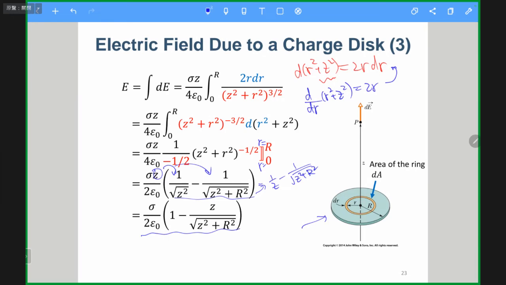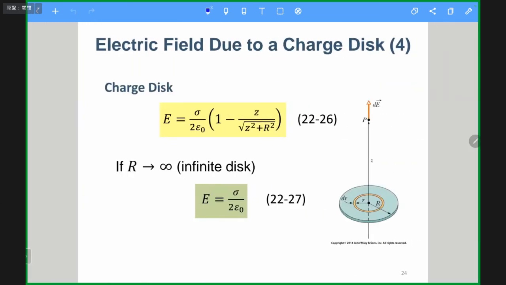Okay, so the remaining thing we consider is if R is infinitely large, which means that this disk is infinitely large. We have an infinitely large charge plate.